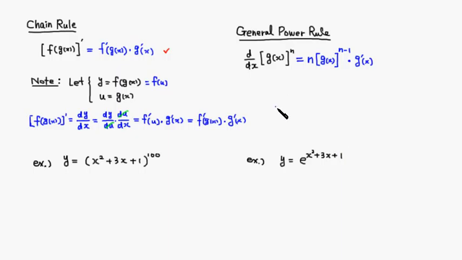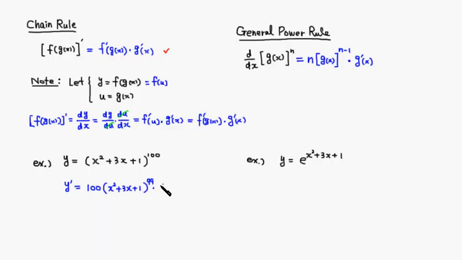Let's look at a couple of examples. The first one is a general power rule example. Let's take the derivative of y equals quantity 2x squared plus 3x plus 1 to the 100th power. For y prime, it's a power function, so put the 100 power in front, keep the same quantity inside, 2x squared plus 3x plus 1, then subtract 1 from the power, so it's going to be the 99th power.